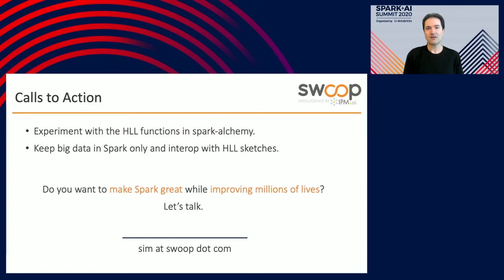If you have to power dashboards or user experiences for business intelligence, for human decision-making, you probably are replicating data out of Spark unnecessarily today. Ask yourself if you can keep most of the data in Spark, and instead of moving raw data, lots more rows out of Spark, you could actually move HyperLogLog sketches.